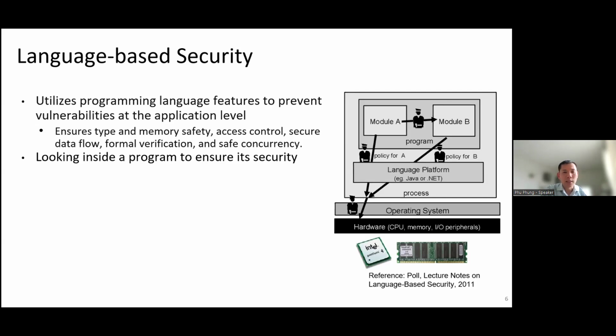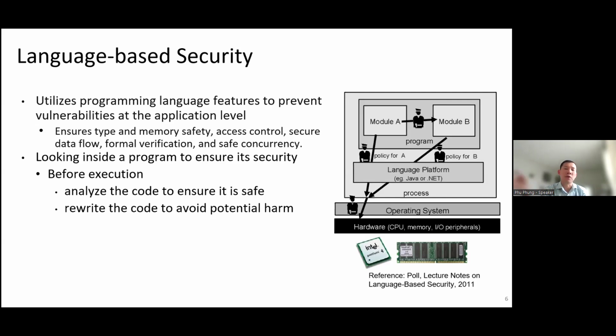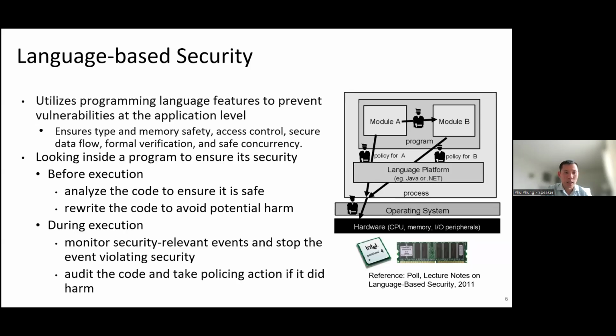In more detail, this technique will look into the program in two ways. The first way is that before the execution, they do the analysis of the code to ensure that the code is safe. And secondly, we can rewrite the code so that if the code is harmful to the system, we can avoid that because we can rewrite the code.